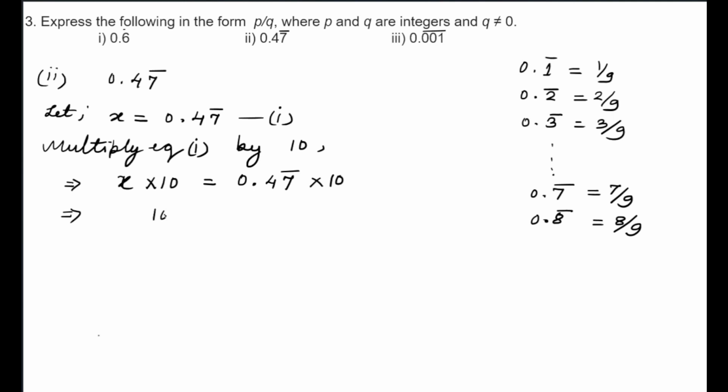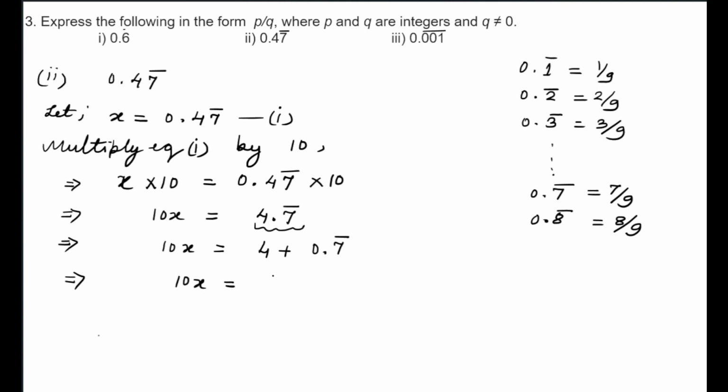So here we get 10x, and in the next step we are going to get 4.7 bar. Now moving ahead, let us keep this 10x as it is and try writing its expanded form. So 4.7 bar we can write as 4 plus 0.7 bar, just the expanded form.